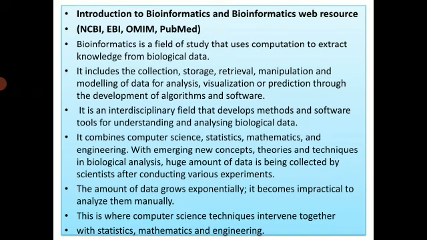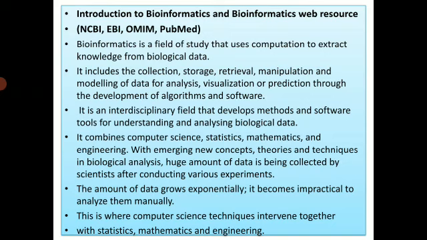Then storage of that data, retrieval whenever it is required, we have to use it again. Manipulation means changing that particular data or making some changes, and modeling of that data for analysis.